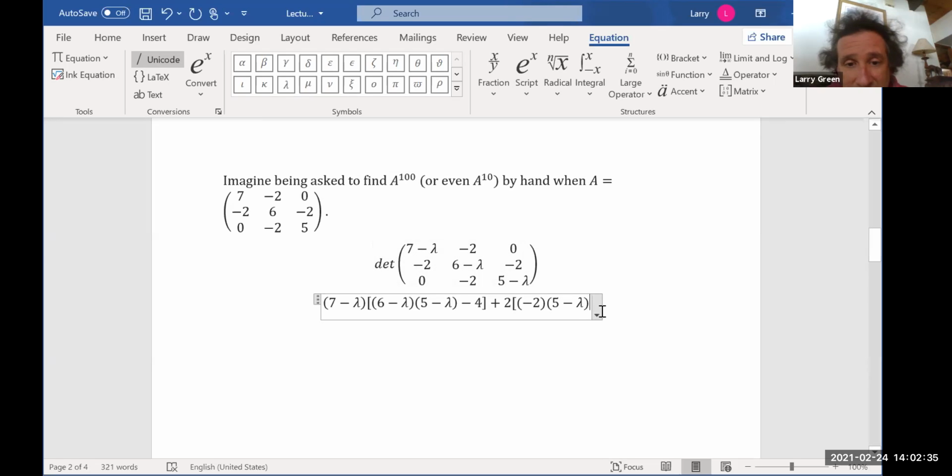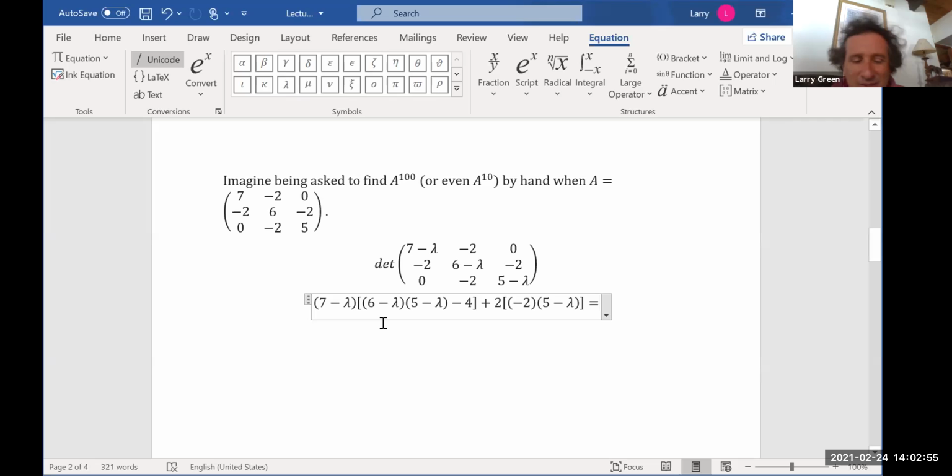And minus 0, so just that. Any questions on that? And it's a bit messy.